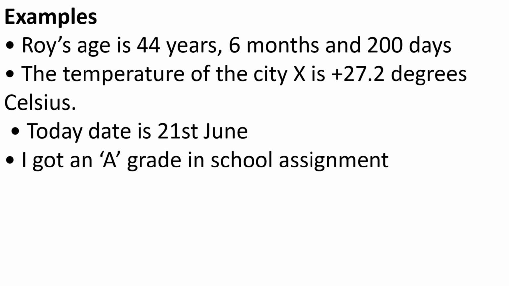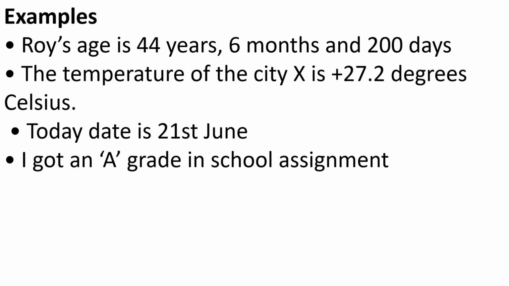So here, what do you see? Numbers, right? Here the data is nothing but numbers like 44, 6 and 200. Those numbers we have to use in our program in order to manipulate the data. For example, the temperature of city X is 27.2 degrees.